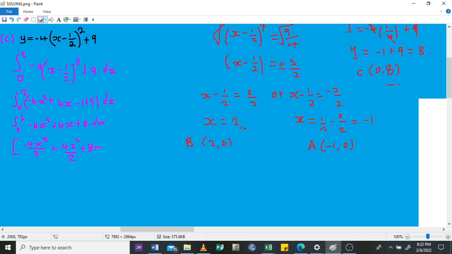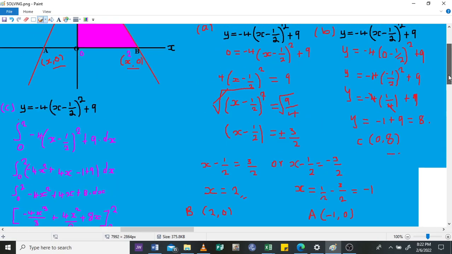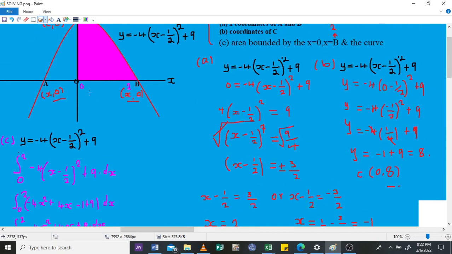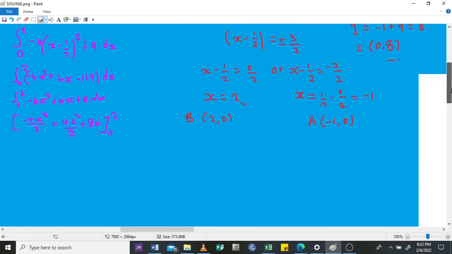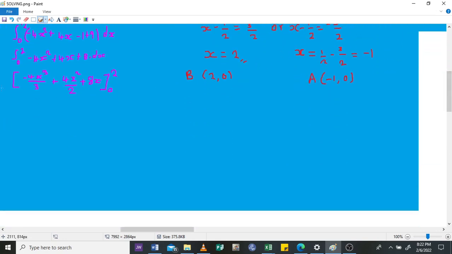Now here you are integrating, remember, from 0 to 2, as you can see from the graph, with respect to x. All right, so let's proceed. What do we get here now? Well, we can substitute.